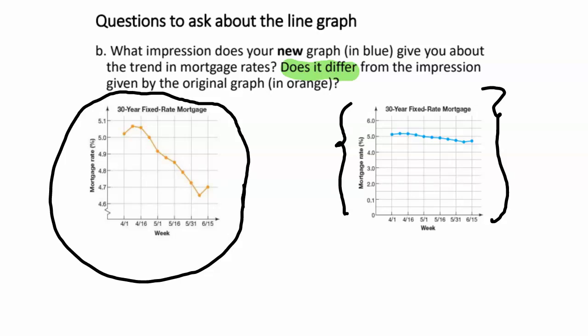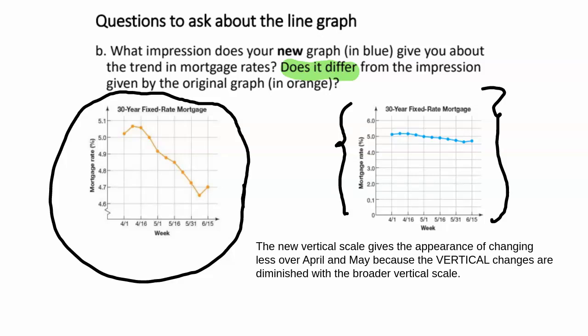Okay, it says the new vertical scale gives the appearance of changing less over April and May because the vertical changes are diminished with the closer, or I should say, broader vertical scale.